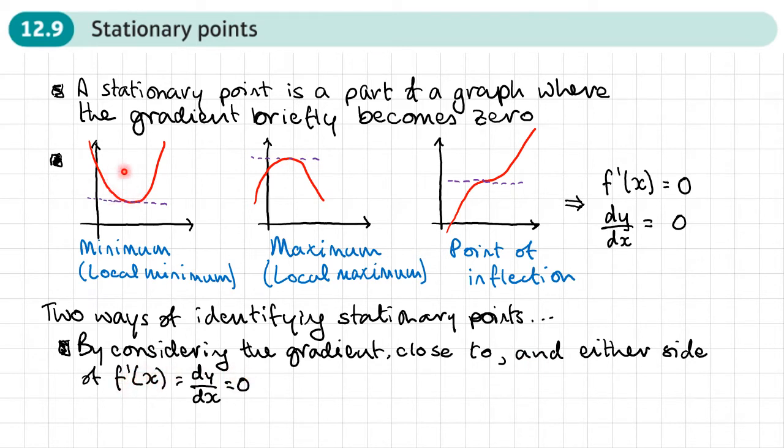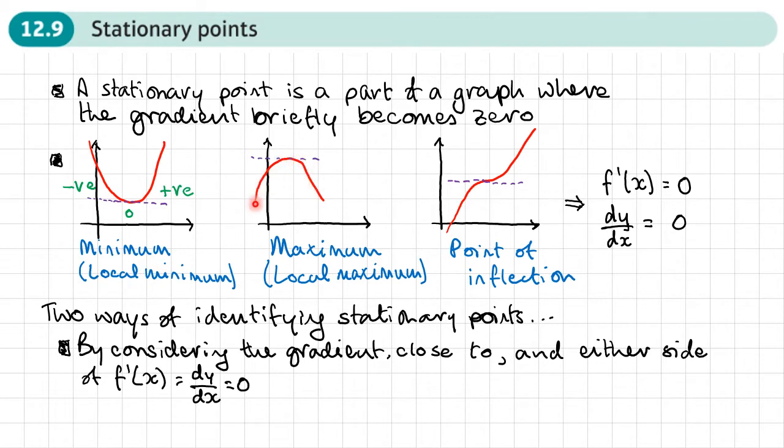So for example, here what I see is that the gradient this side of the stationary point is sloping down, so it's negative, then it's zero, and then it's positive. So what I've got on the first one here is a negative gradient, then zero, and then a positive gradient. So if I see this pattern of a negative gradient, zero, positive gradient, I know I've got a local minimum.